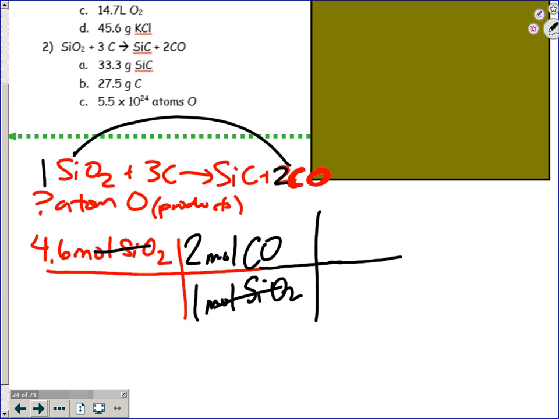So first of all, what do I put on the bottom? 1 mole. 1 mole of what? Carbon monoxide. And carbon monoxide is a covalent molecule, not formula units, which are ionic. So I'm getting to simply molecules. So this is Avogadro's number, 6.02 times 10 to the 23rd molecules of CO.